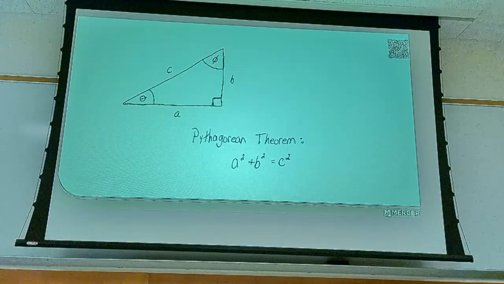No, they're not 90 degrees, so they both have to equal 180 minus 90.